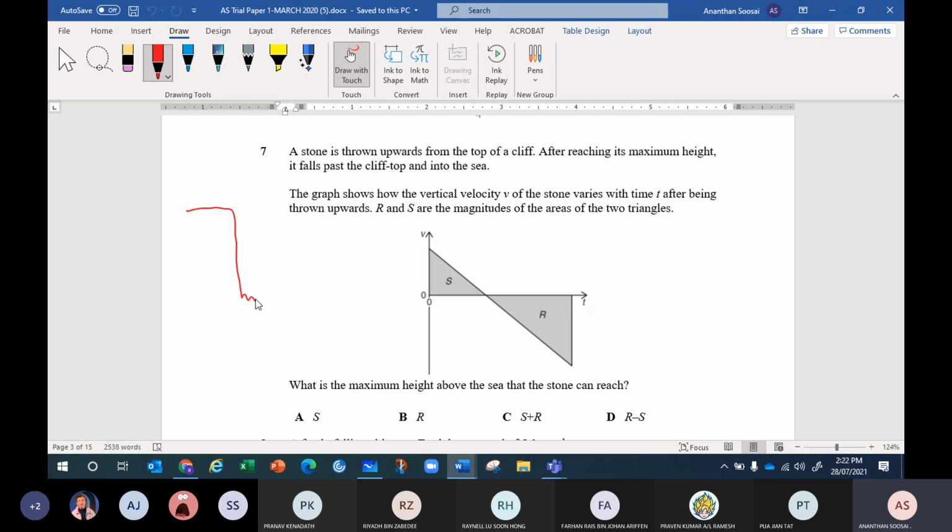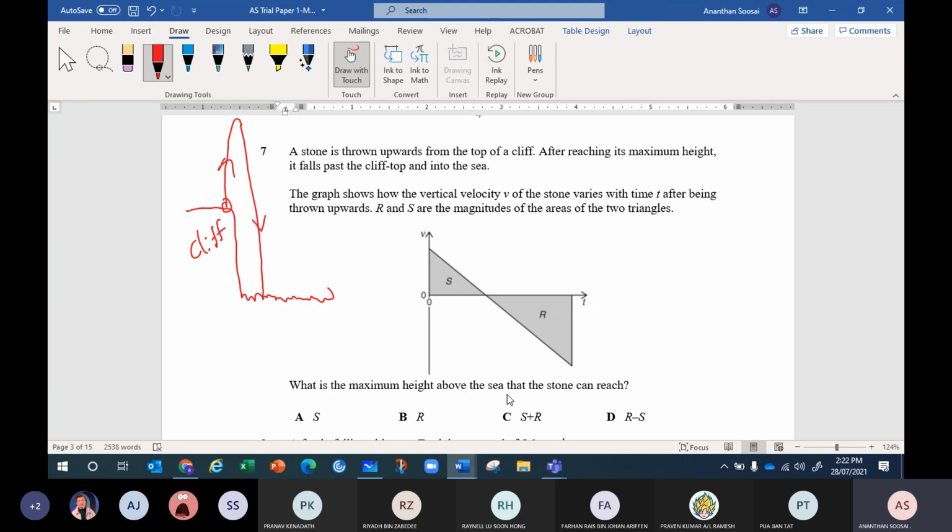There is a river or sea here. They throw the stone upwards and you go to the top of the cliff. After reaching a maximum height, it falls into the sea. This is the diagram. So it goes up and falls into the sea.